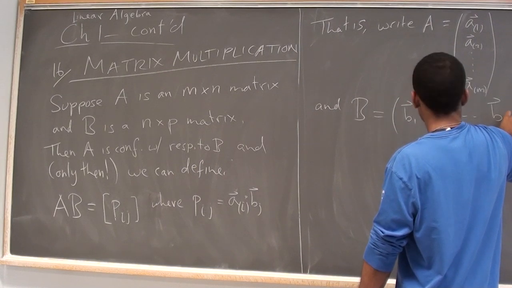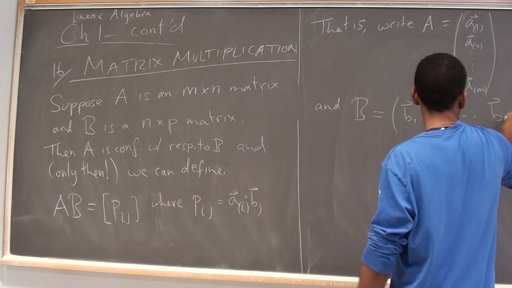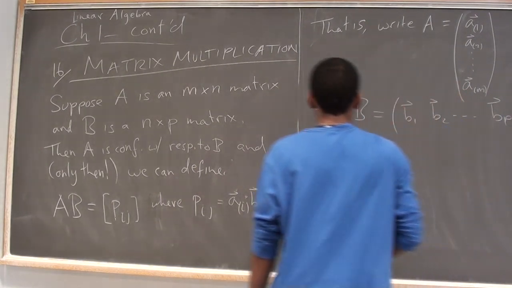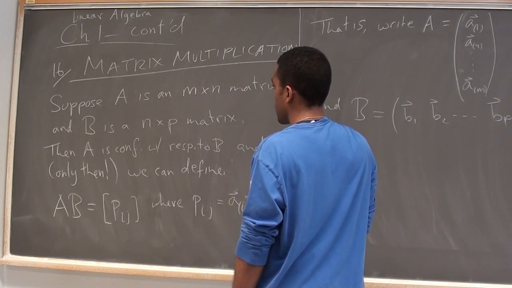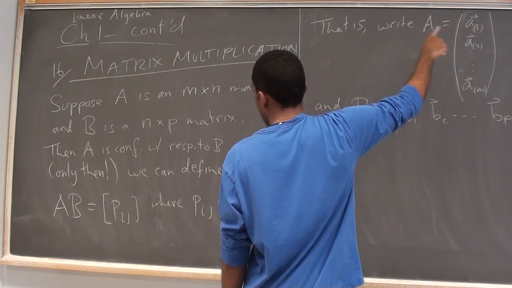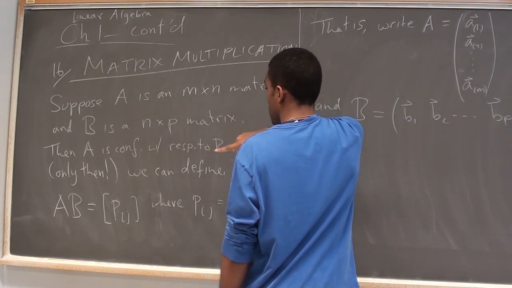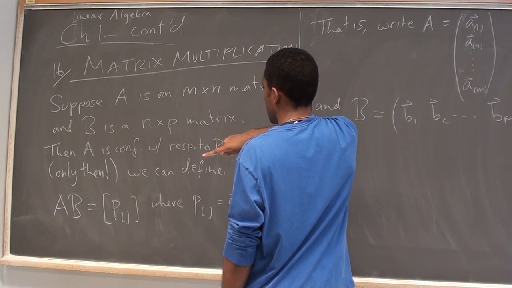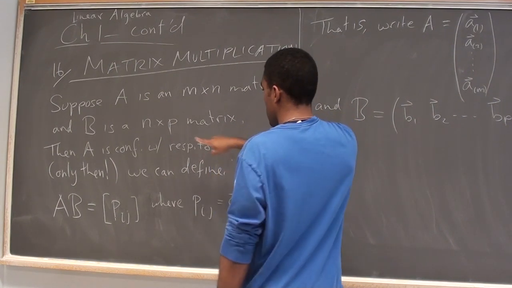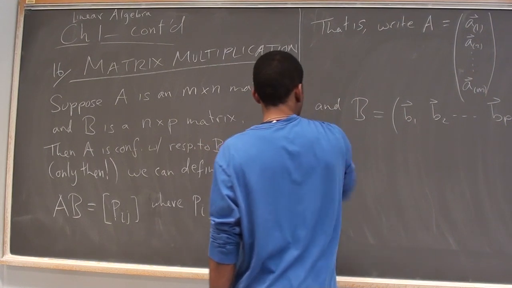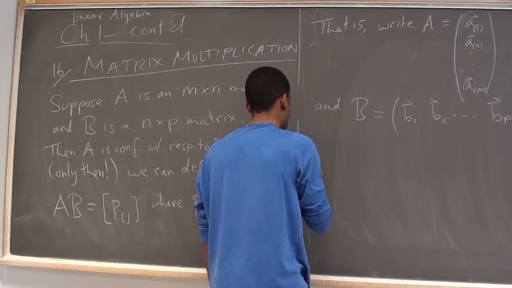The number of columns is P. I have M rows here.